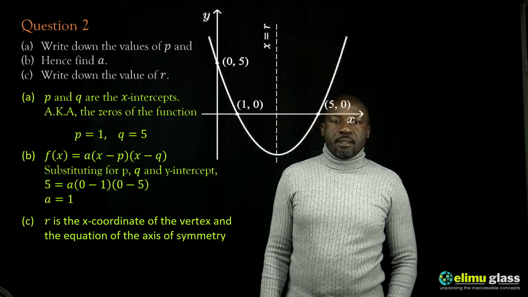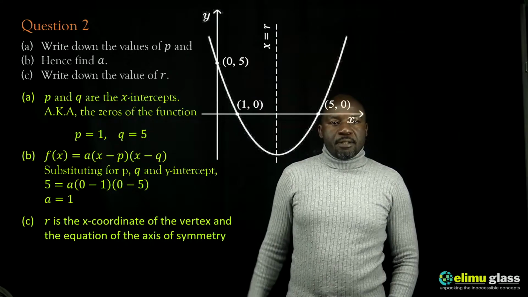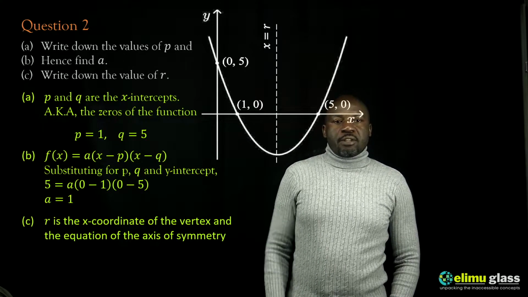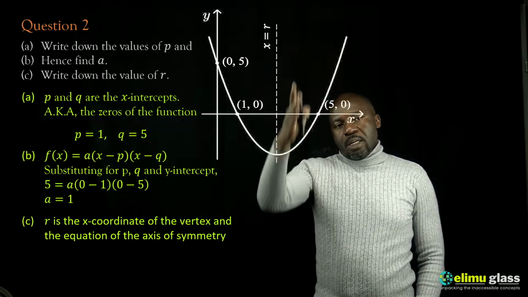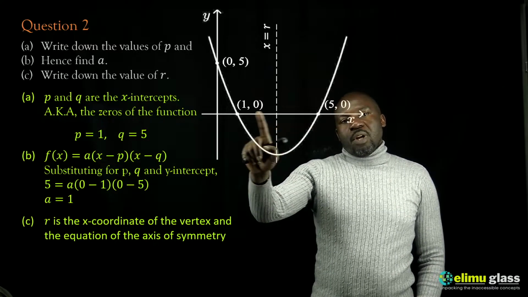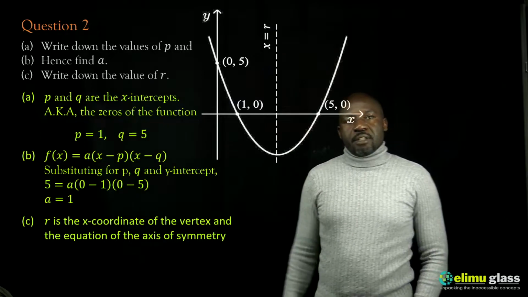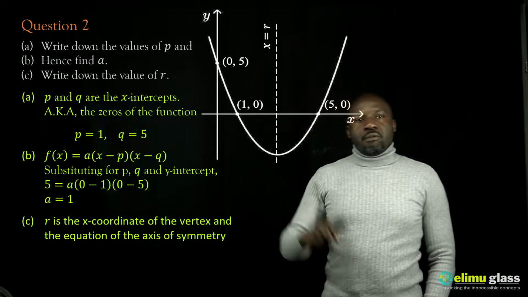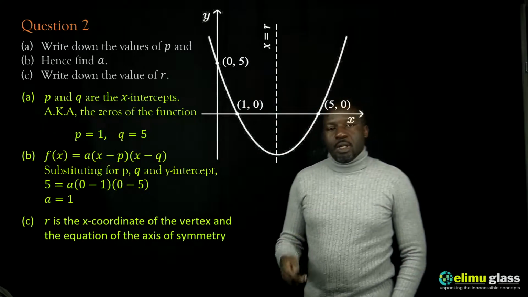Part C, r is the x-coordinate of the axis of symmetry, so it's the value of x right there. When we are given the equation in factor form, it is quite straightforward to get the value of r.